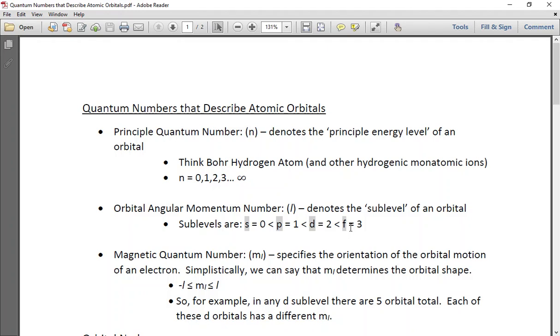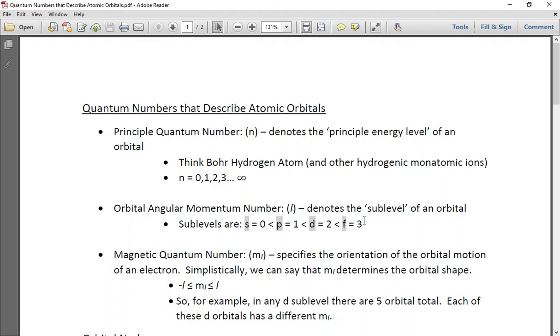In terms of energy, we know that as n increases, the energy of the orbital also increases. Well, when we go from S to P to D to F, the orbitals also increase in energy within a principal energy level. For example, in the second principal energy level, the P sublevel is higher in energy than the S sublevel, the D sublevel is higher in energy than the P sublevel, and the F is higher in energy than the D sublevel.